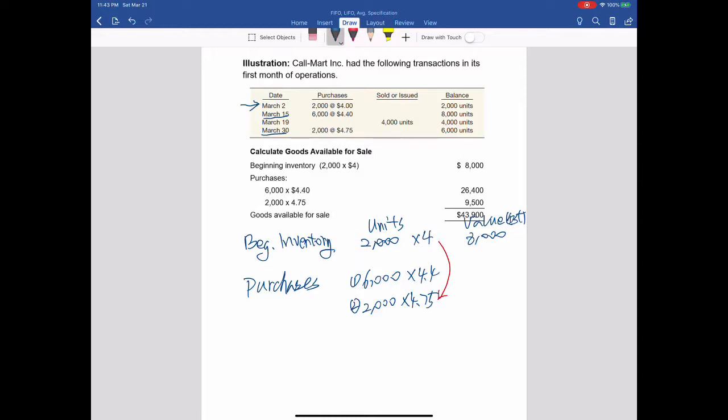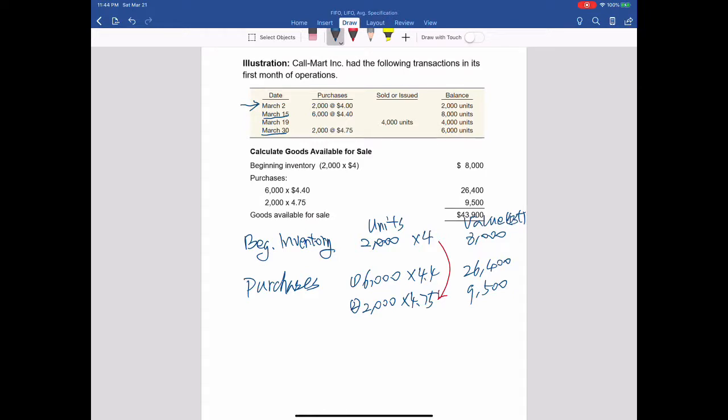It is rare for the cost of inventory to increase in just 1 month, but that's just an example. In the long term, the cost of inventory may increase or decrease. And for each purchase, the cost is $26,400 for the first and $9,500 for the second.